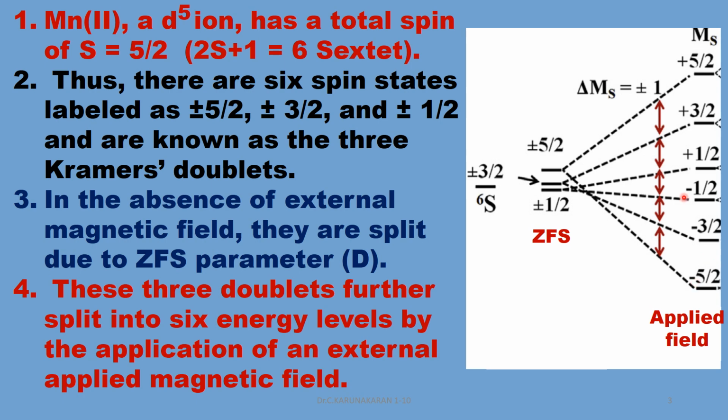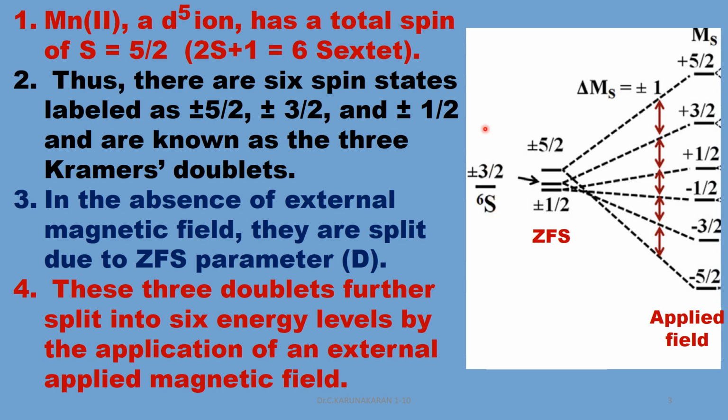There are 6 spin states, minus 5 by 2, minus 3 by 2, minus 1 by 2, etc., labeled as plus or minus 1 by 2, plus or minus 3 by 2, plus or minus 5 by 2. There are 3 Kramers doublets. This is the S6 state.